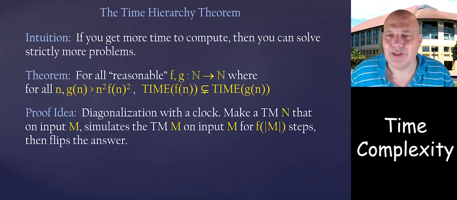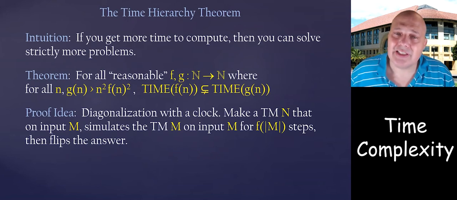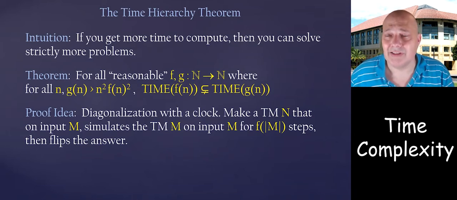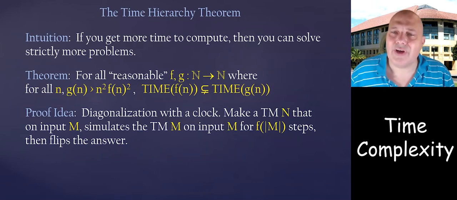So what do we do? We make a Turing machine N that on input M, another machine, simulates the Turing machine M on itself, on an input which is the encoding of M. Whenever I say M on itself, what I mean is M on its encoding, for f of its encoding length steps, and then flips the answer.